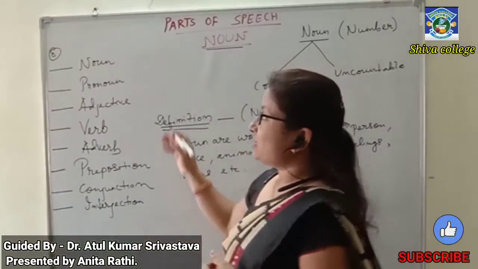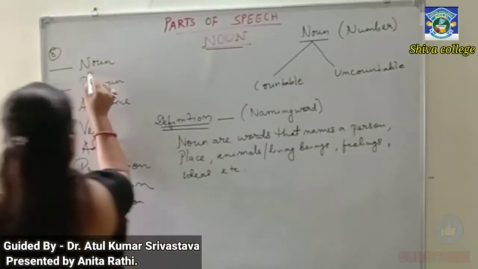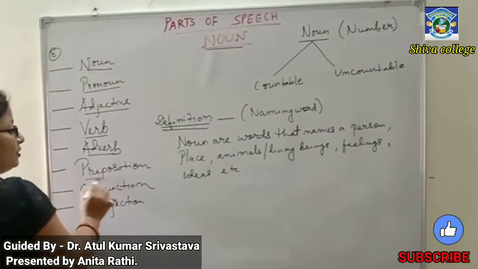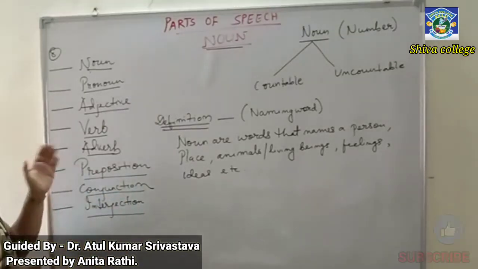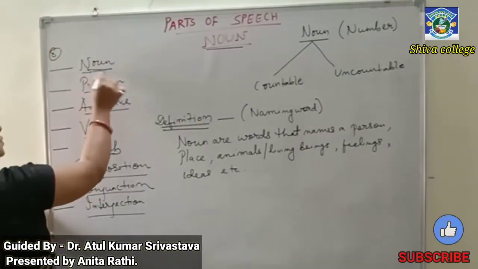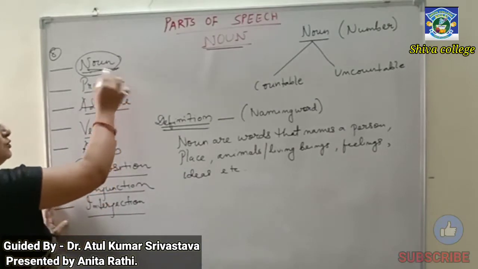Here we will see that there are 8 parts of speech. These are noun, pronoun, adjective, verb, adverb, preposition, conjunction and interjection. So these are the 8 parts of speech. Noun is one of the parts of speech, so we will deal with noun today.